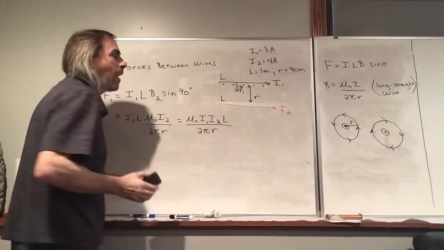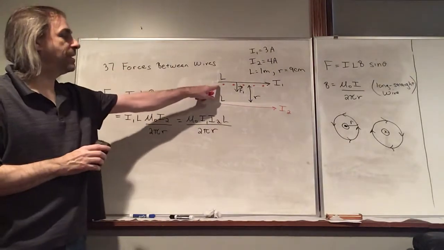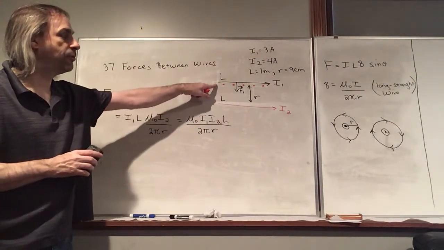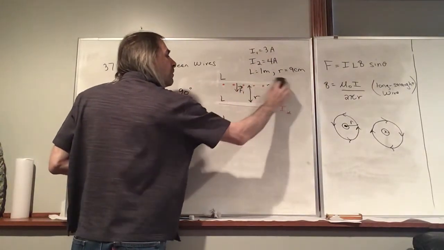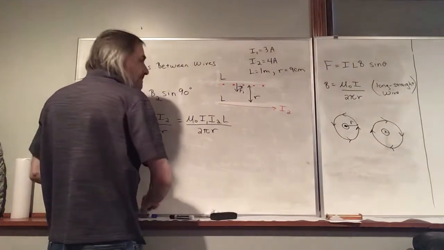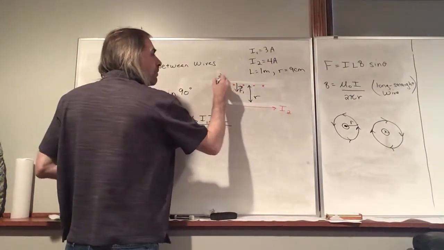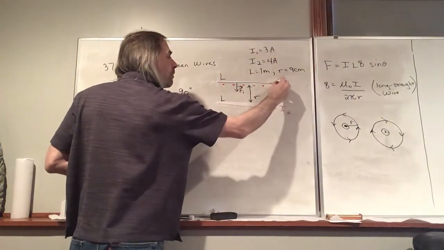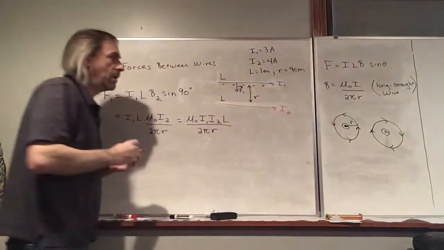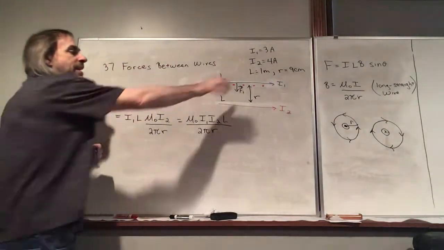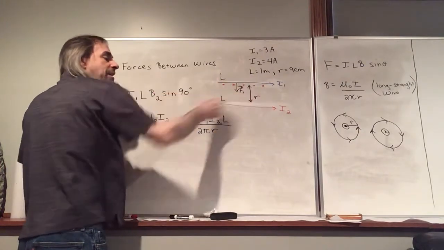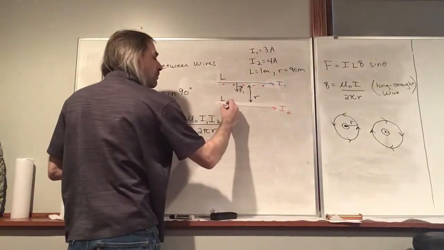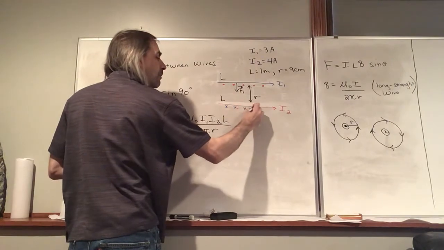So I'll use red for wire 2. So these red dots, that's the magnetic field due to wire 2. And then I'll use blue for wire 1. Okay, so for wire 1, at the location of wire 2, you can see the magnetic field lines are going into the board.